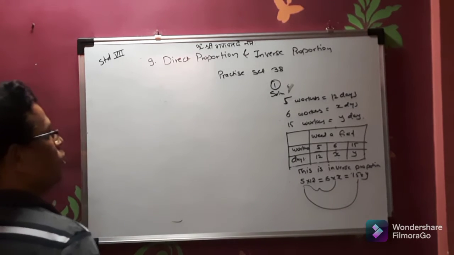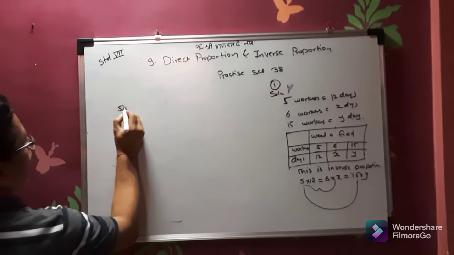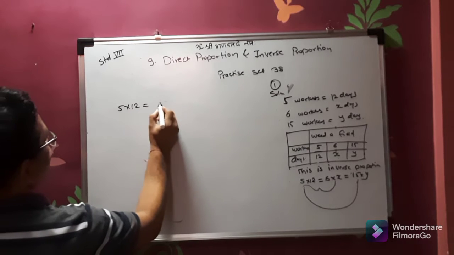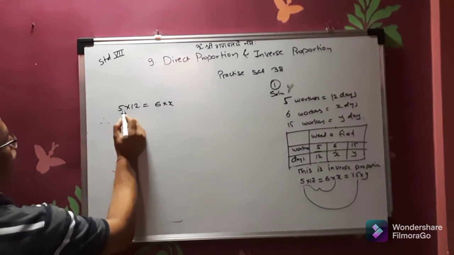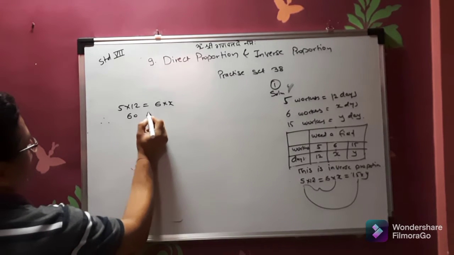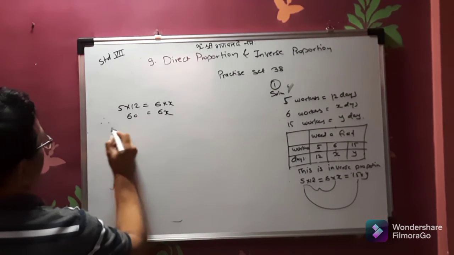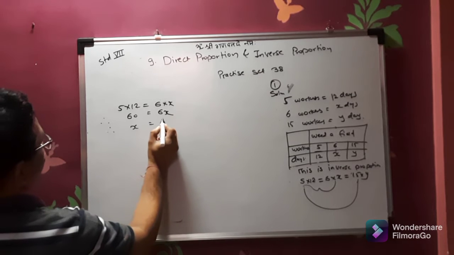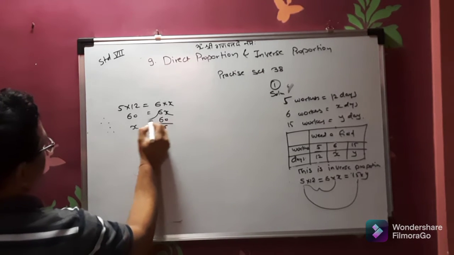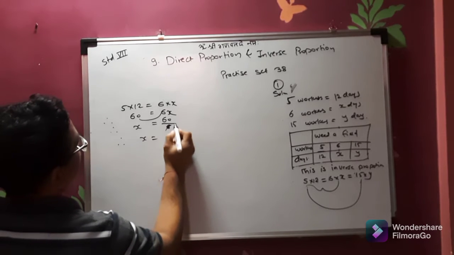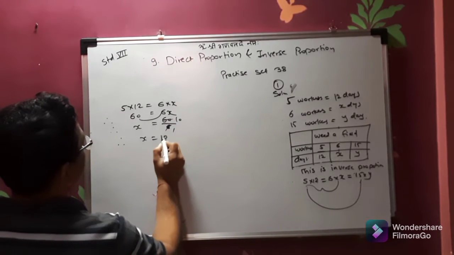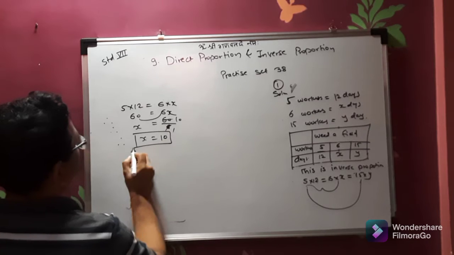So first equation is 5 into 12 is equal to 6 into x. So 12 5s are 60 is equal to 6x. So x is equal to 60 upon 6. 6 1s are 6, 6 10s are 60, so here the answer is 10.